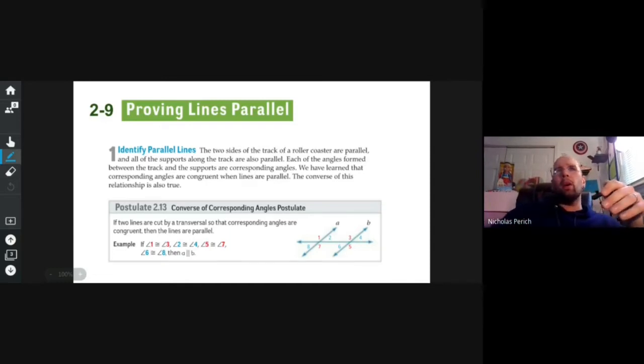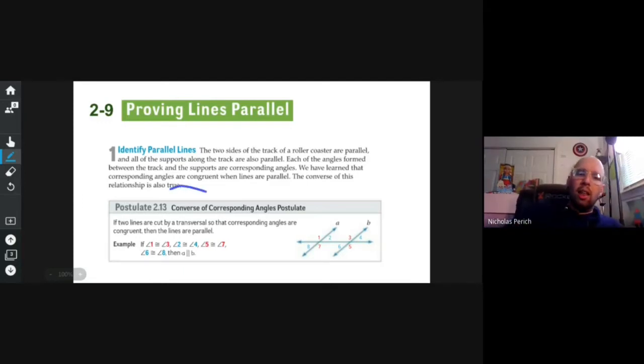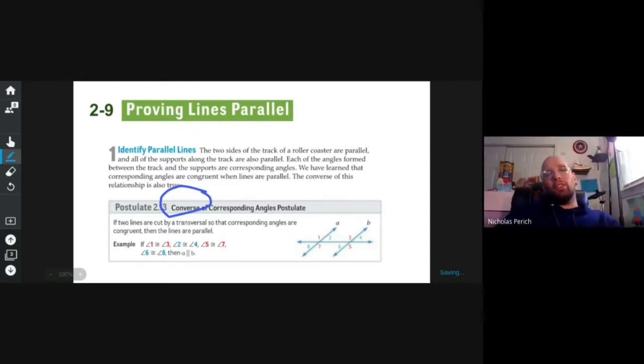So everything that we do today is the reverse, or as we in Mathland like to say, the converse. Hey, now you're an all-star. Because Converse is the type of shoe called all-stars. Chuck Taylors.